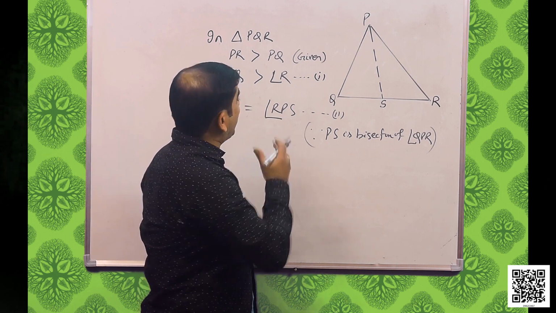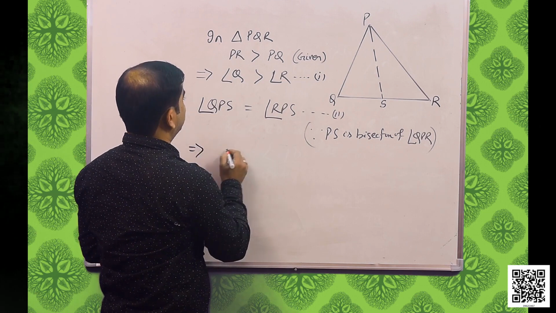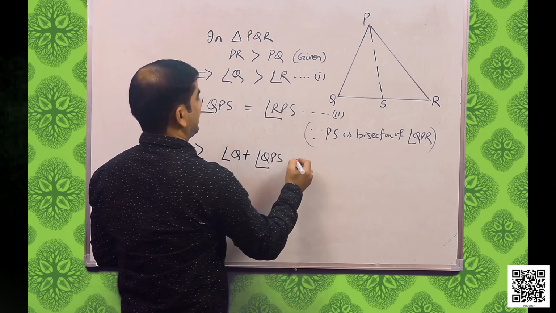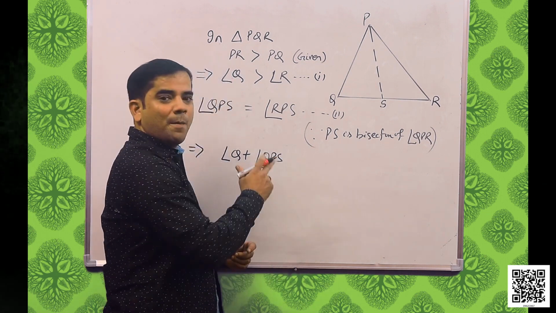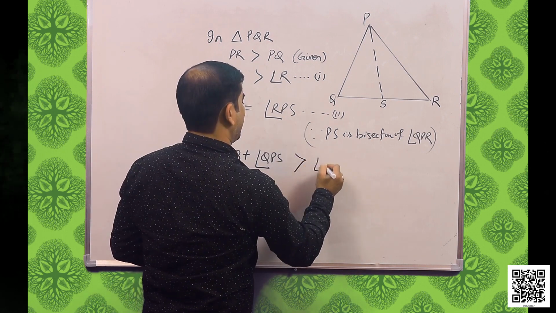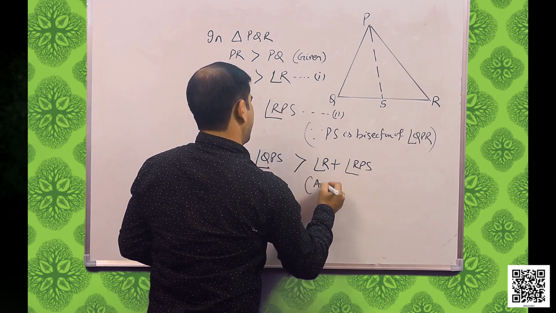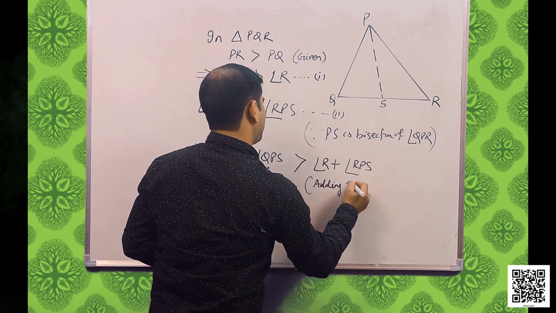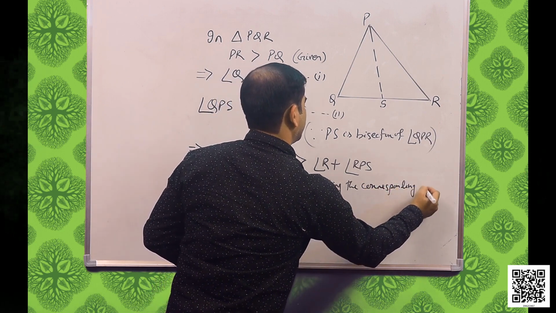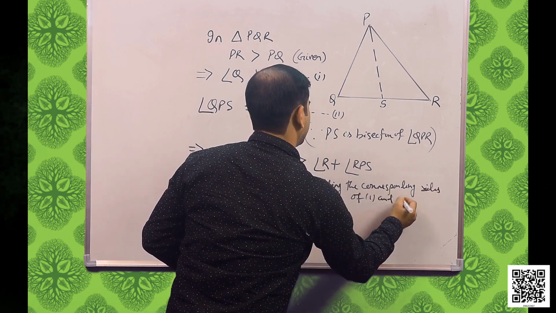Now, by adding the corresponding sides of 1 and 2, what do we get? It implies angle Q plus angle QPS is greater than angle R plus angle RPS. I have added the corresponding sides of 1 and 2.